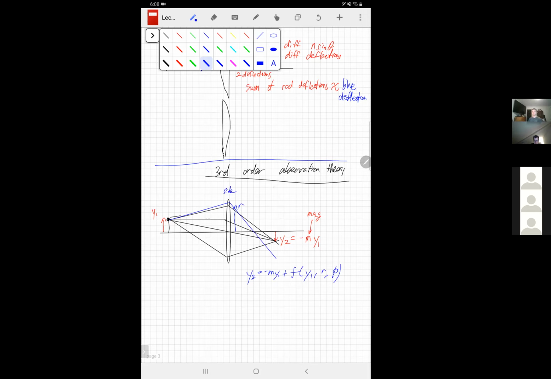If we were to take a front view of the lens, then there would be this angle phi in there, right? And so rays would hit at different angles, and that's going to affect their sideways deflection.